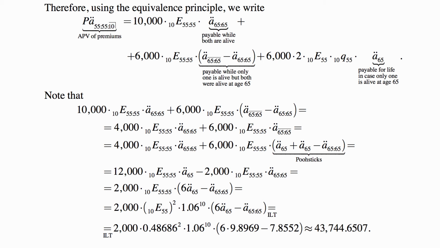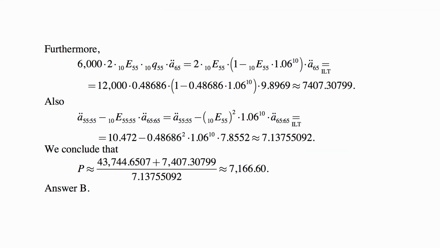So this is the same as a product of two pure endowments for 55-year-olds, and because you're dividing by 1.06 to the 10th twice instead of once as before, you have to multiply it back by 1.06 to the 10th. And now we got to the point where we just plug in the numbers from the table, and this comes out to be 43,744.6507.